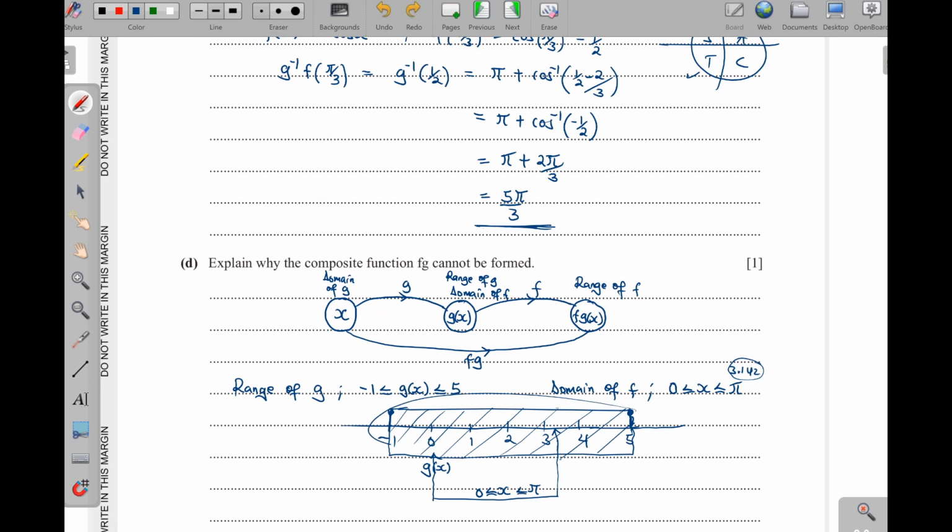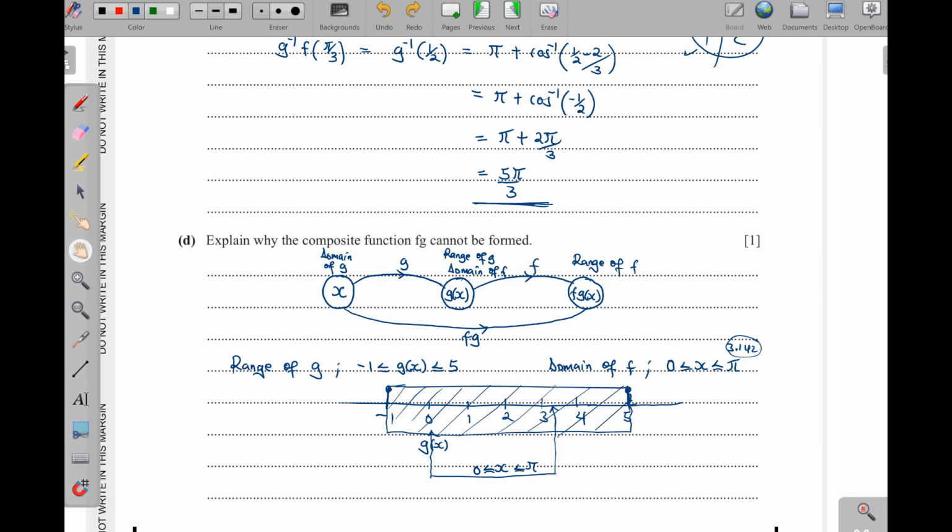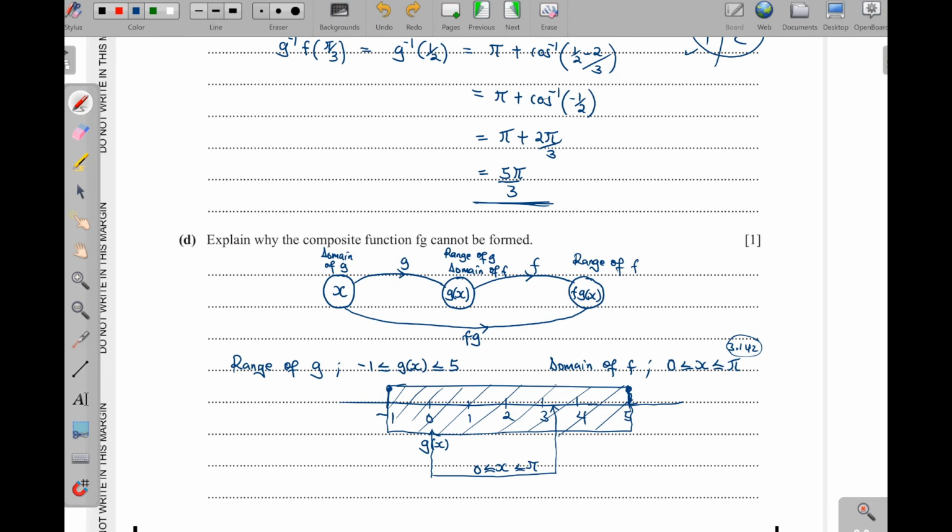So since the range of g does not fit into this domain of f, then we cannot compose g into f. So I will say here that the range of g does not fit into the domain of f.